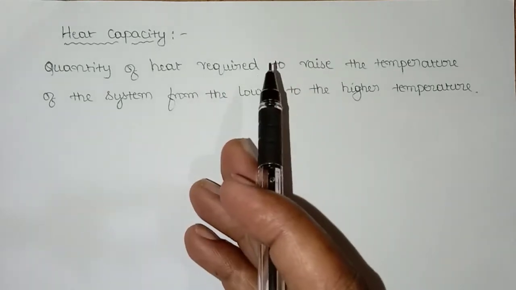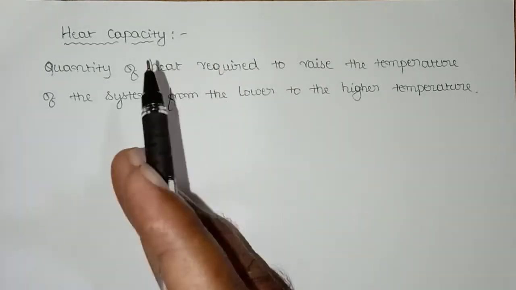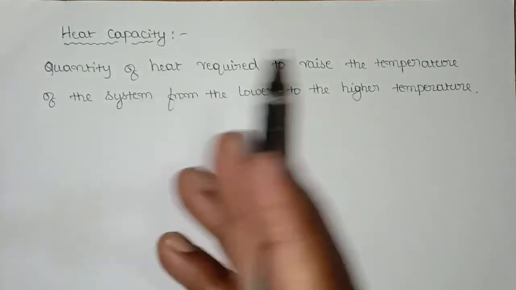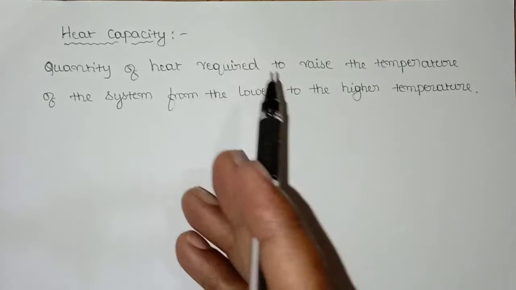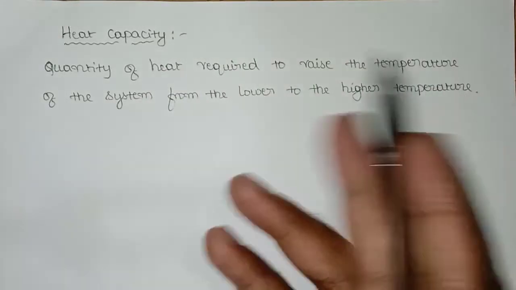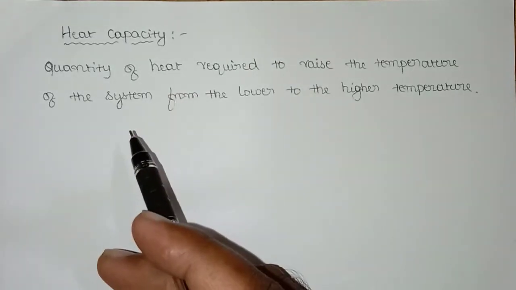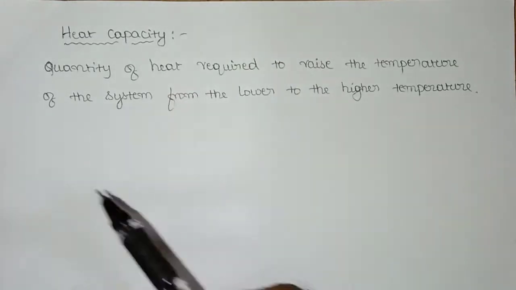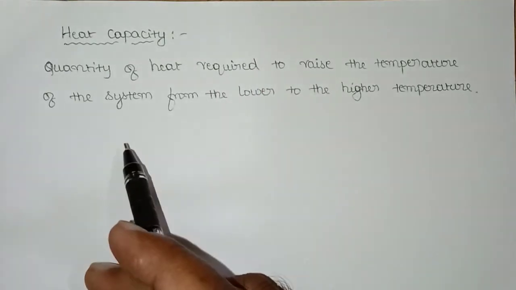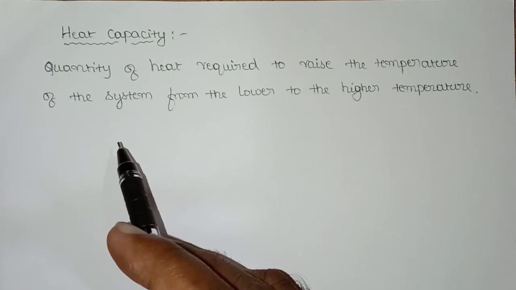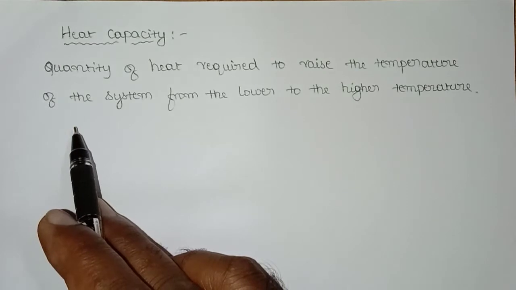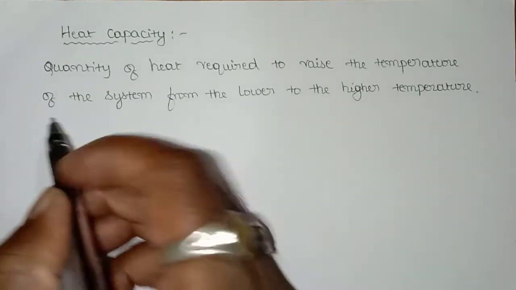And molar heat capacity can be measured by maintaining either pressure as constant or volume as constant. In that case, we get two more heat capacity terms, that is molar heat capacity at constant volume and molar heat capacity at constant pressure. So here I said a total of four different kinds of heat capacities, and now we shall see about each and every type. Among those, first we shall consider specific heat capacity.